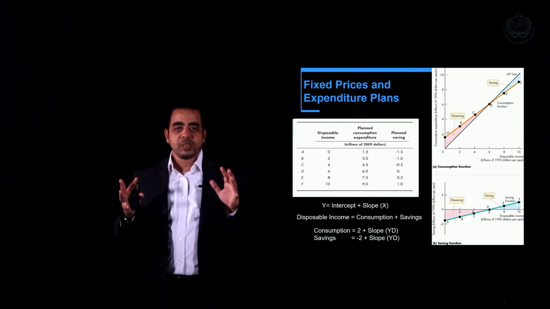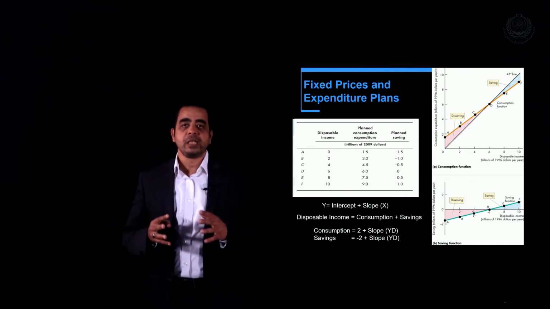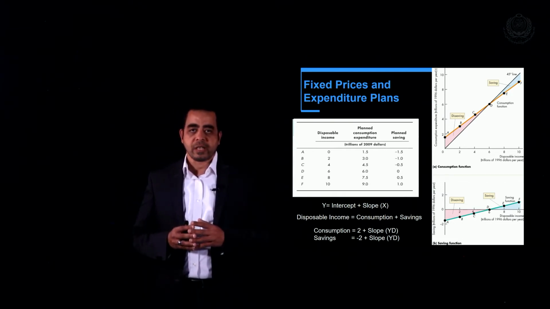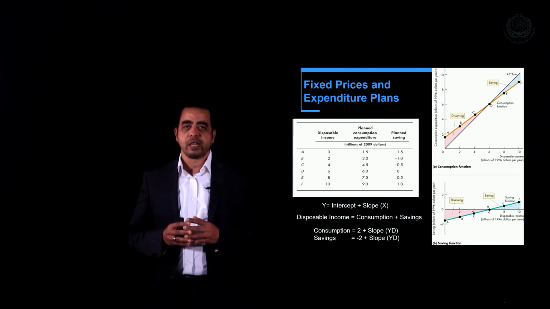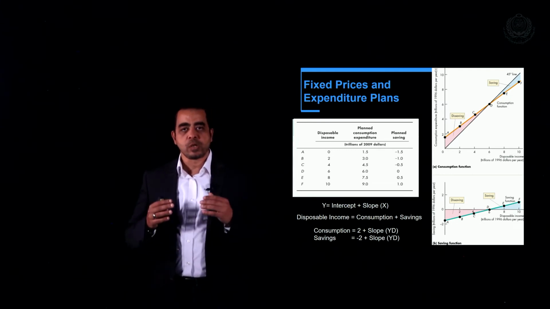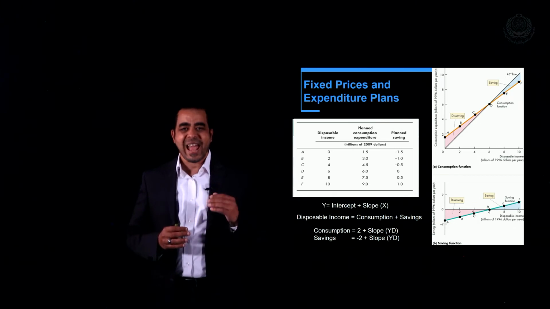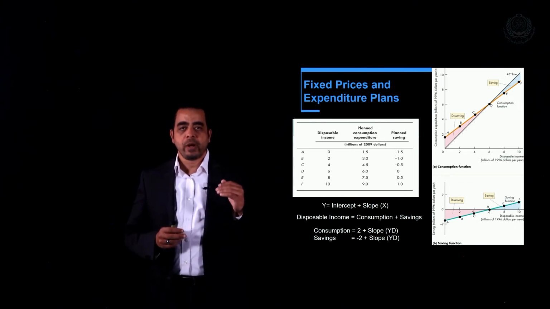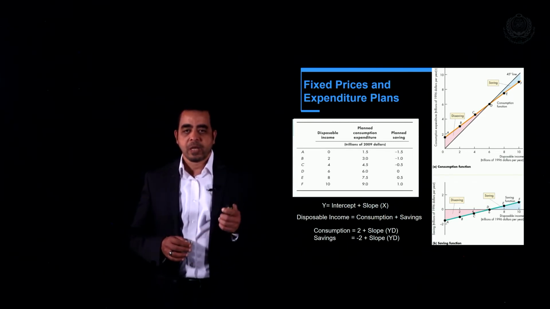So the consumption function is divided into two areas. The first area, where your disposable income is less than your consumption, so you will depend on your savings, and the second part, where your disposable income is higher than your consumption, so you will make positive savings.